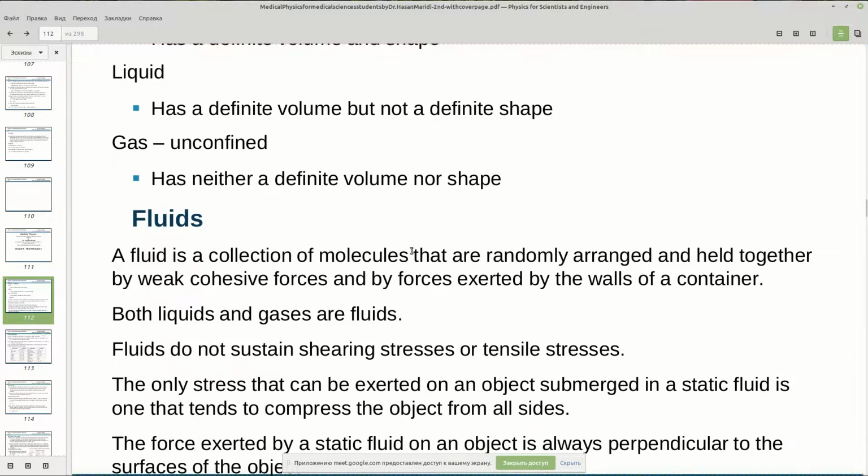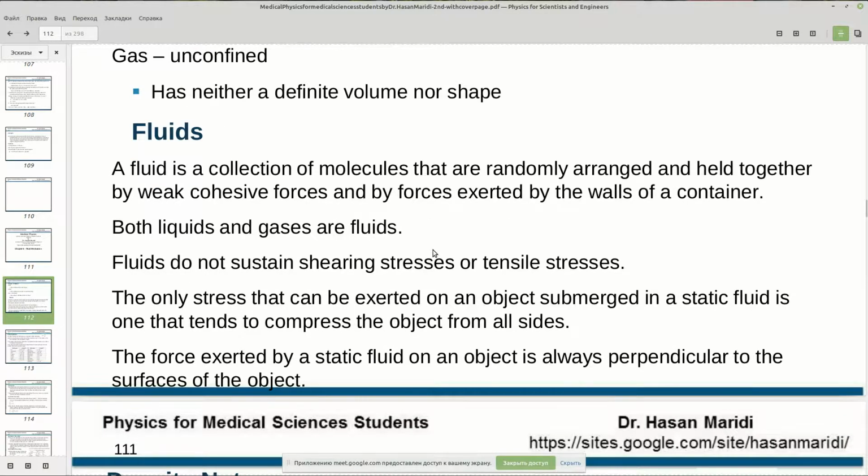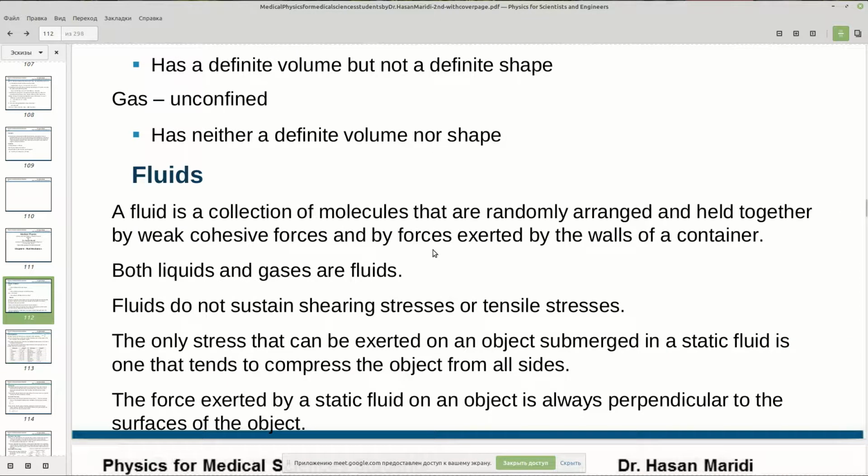Fluids. A fluid is a collection of molecules that are randomly arranged and held together by weak cohesive forces and by forces exerted by the walls of a container. Both liquids and gases are fluids. Fluids do not sustain shearing stresses or tensile stresses.